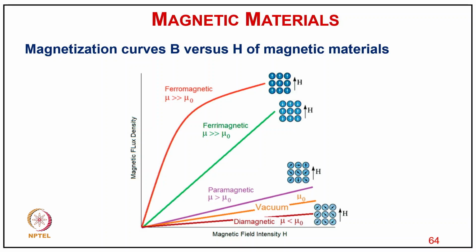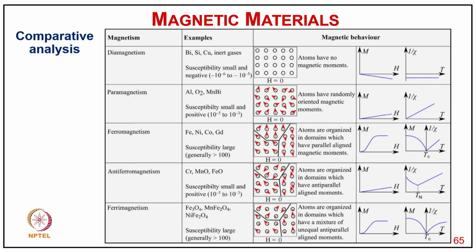In a ferromagnetic material, the relative permeability is more than that of air, and all the domains are aligned. In ferrimagnetic materials they are aligned in opposite directions, in paramagnetic material they are randomly aligned, and in vacuum or diamagnetic they are randomly aligned with the magnetic field. So this is the property of these different materials, which we can classify into these categories: ferromagnetic, ferrimagnetic, paramagnetic or diamagnetic.